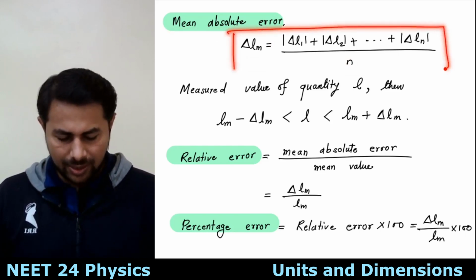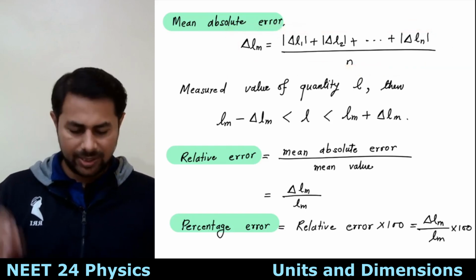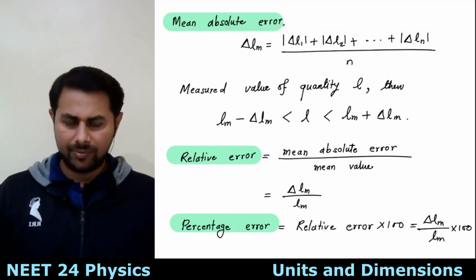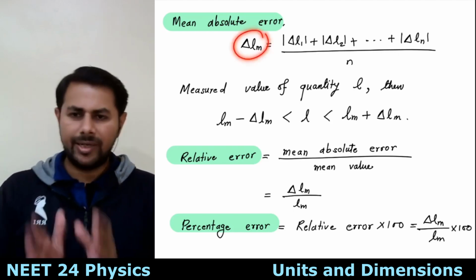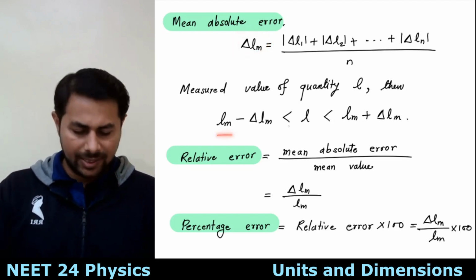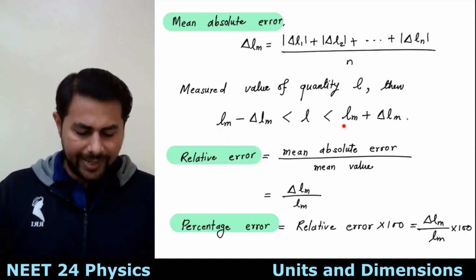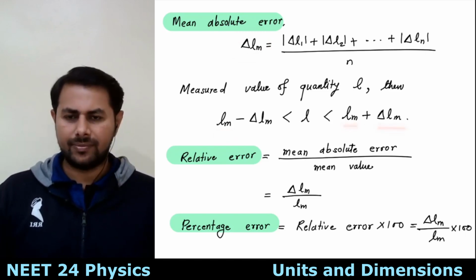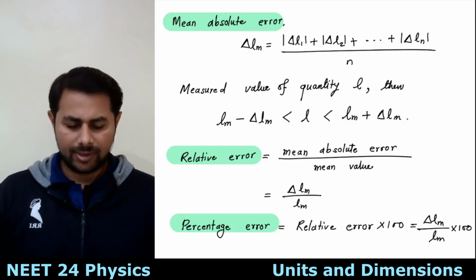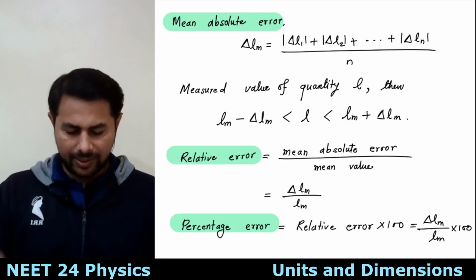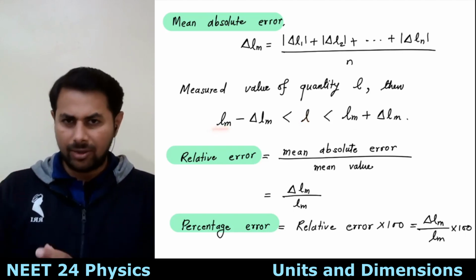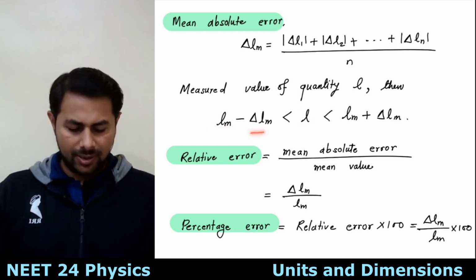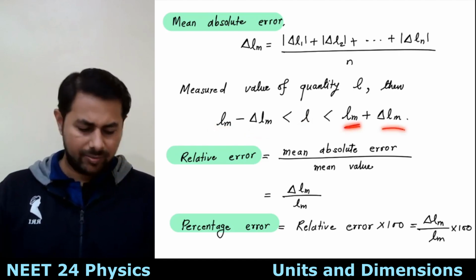So now the chances are that the measured value of your quantity will be in between Lm minus delta Lm, okay, and Lm plus delta Lm, right? The measured value is, suppose L, it might lie in between what? Lm, the mean value of quantity, minus the mean error, and the mean value of quantity plus the mean error.